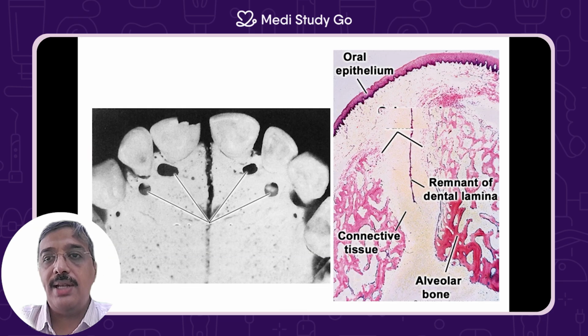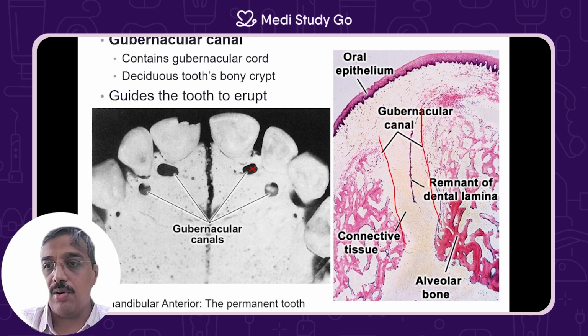So let's quickly look at the origin of adenomatoid odontogenic tumor. Whenever there is a deciduous dentition, the deciduous dentition almost always allows a canal to be formed. Like you can see in this histological picture, there is always a canal being formed through which the permanent tooth can come out.